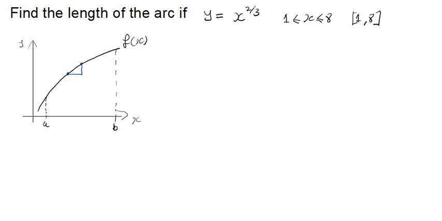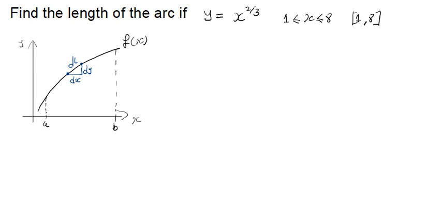If it's very small, of course it appears bigger here, but imagine it's very small. If the length of the arc is L, here I'm going to indicate it as dL. At this point I indicate dy, meaning change in y, and this is going to be my change in x, which is dx.